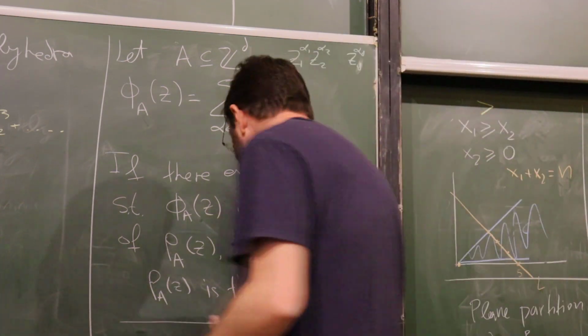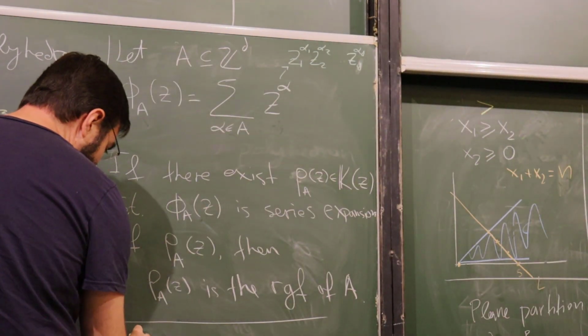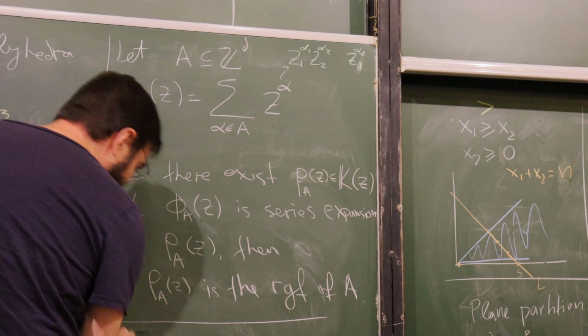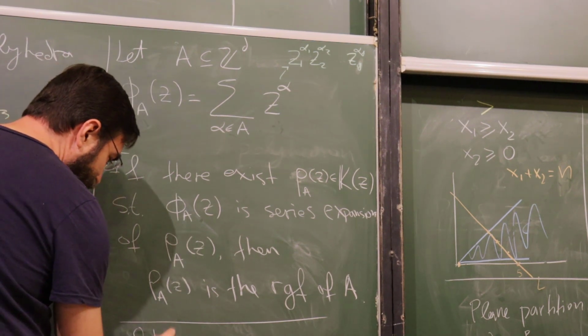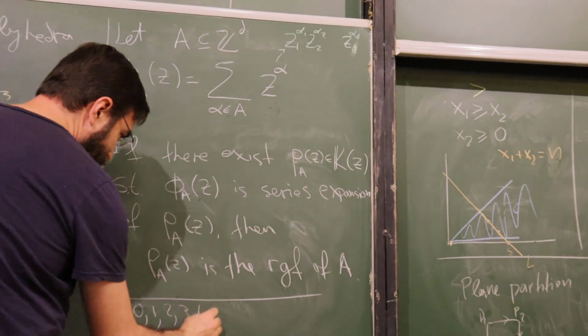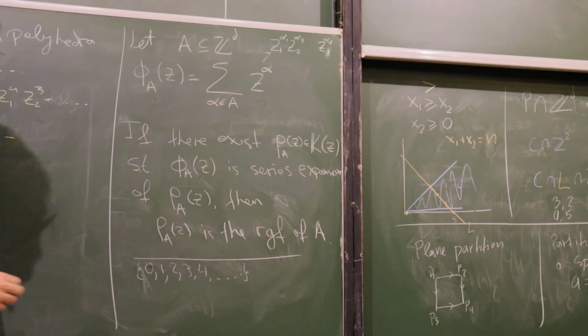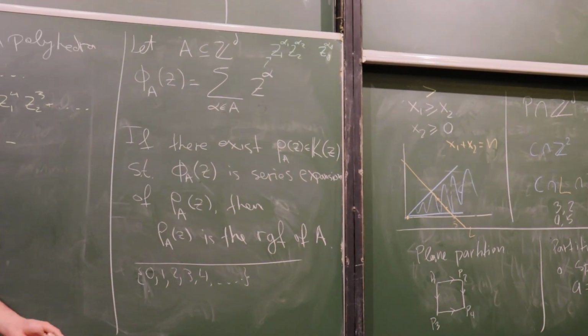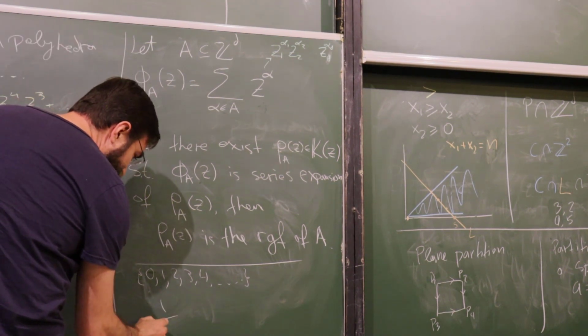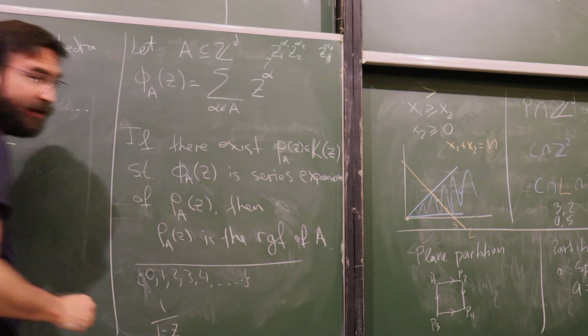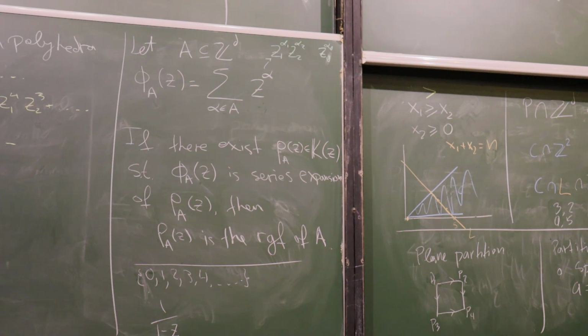Here's an example. If my set is this crazy infinite set, I cannot even write it down. But I can very easily write down a rational function that represents every element in there.